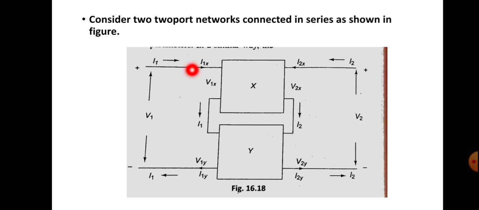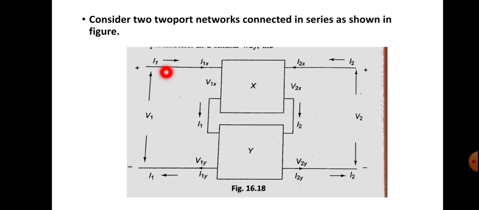Here I1 is the input current to this X, and considering the first network, I2 is the output current for this network. Similarly, here also there will be some current for this network Y given through this, and the output is taken through this. Since for interconnecting we are using two reference nodes, that connection is shown like this.